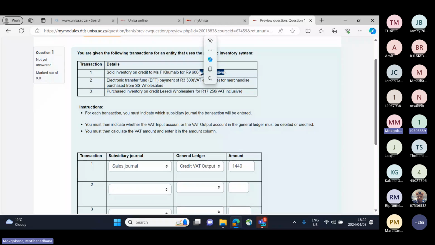But if you are given the amount including VAT, to calculate VAT, you must say 15 divided by 115, because 115 is the amount including VAT and 100 is the amount excluding VAT. That's why I took 9,600 times 15 divided by 100, because 100 is the amount excluding VAT.